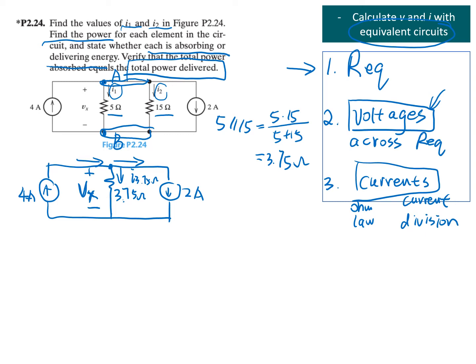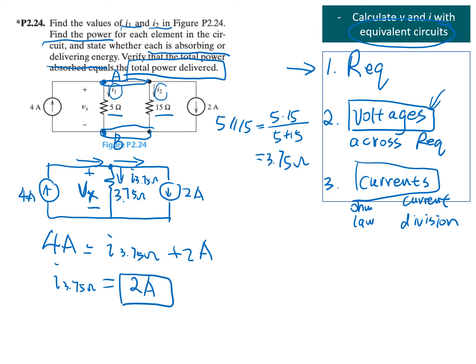So we have 4 amp is equal to I 3.75 ohm plus 2 amp. And you can solve I 3.75 ohm to be 2 amp.